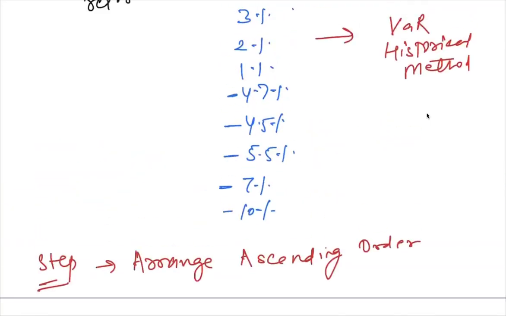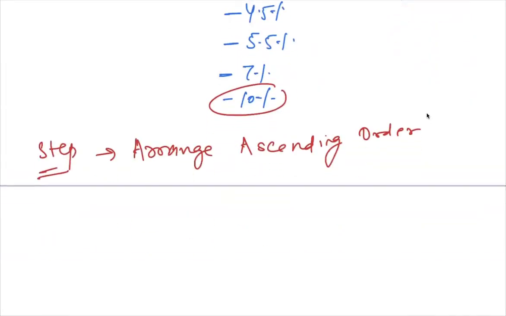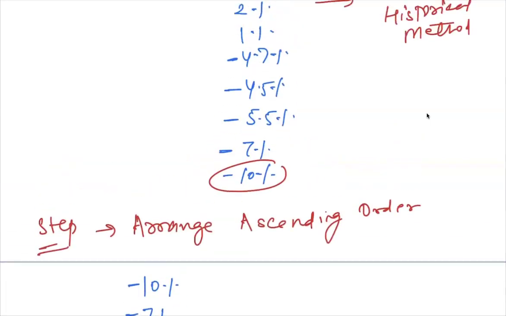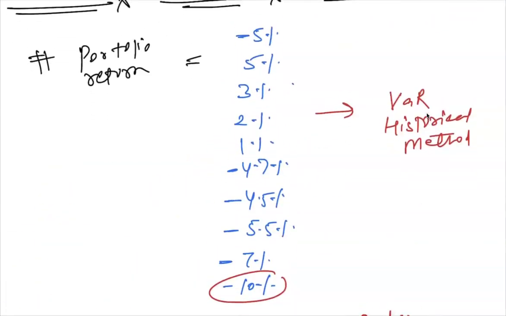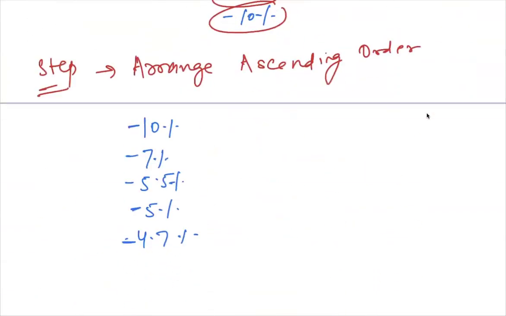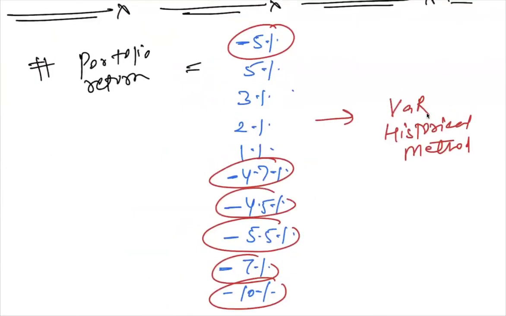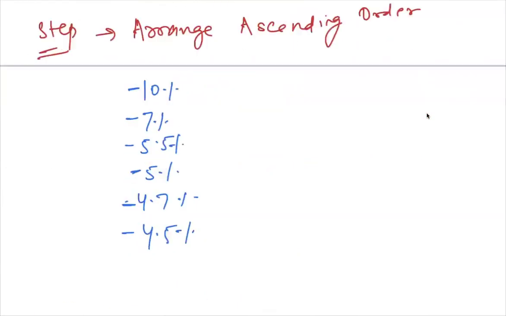Negative 10% will be the first one, then negative 7%, negative 5.5%, negative 5%, negative 4.7%, then negative 4.5, then 1%, 2%, 3%, and 5%.